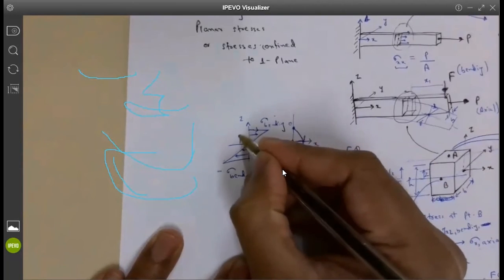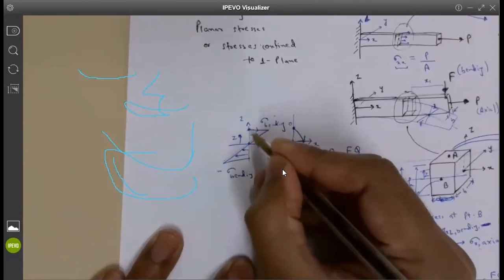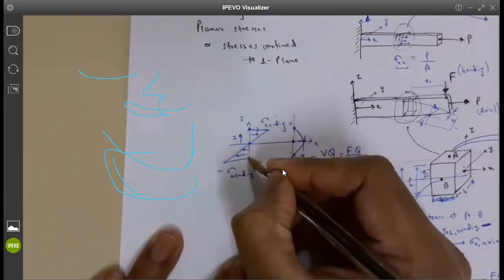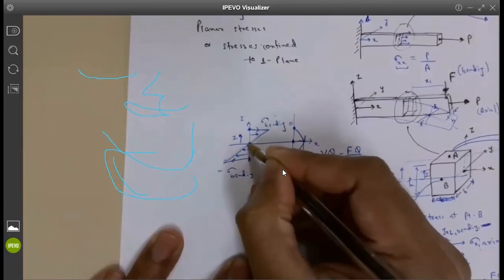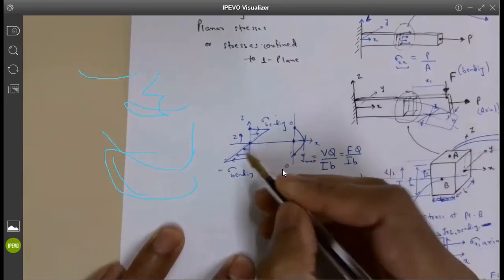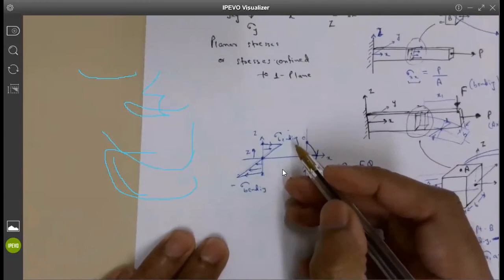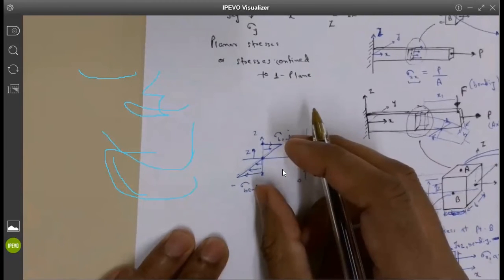So if this is your Z coordinate, the stresses will be maximum at the very top, positive, and also way higher in magnitude at the very bottom, but in compression. At the middle, it will be 0. That's what this chart is showing. Are you getting what I'm trying to say?